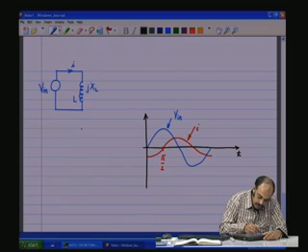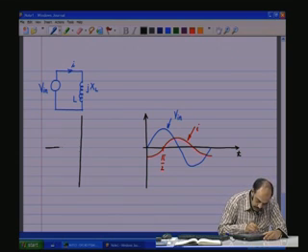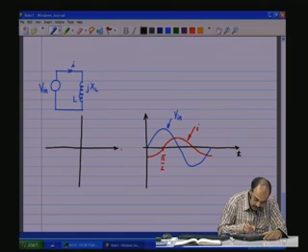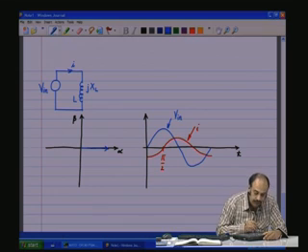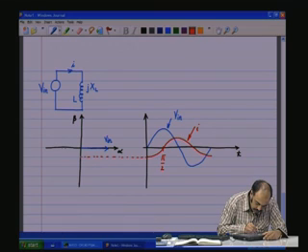Now, let us look at how it looks in the spatial coordinate system, the alpha beta coordinate system. So, again we are taking V in as the reference starting from 0, let that be this vector, this is the V in vector. Now, the current is starting at minus peak, with a phase shift of 90 degrees.